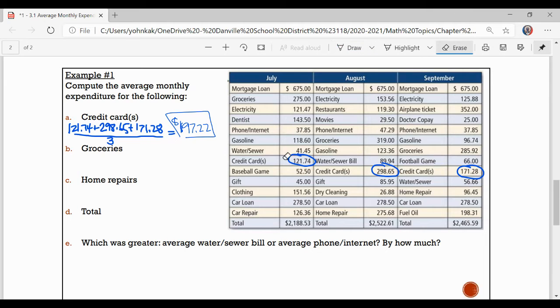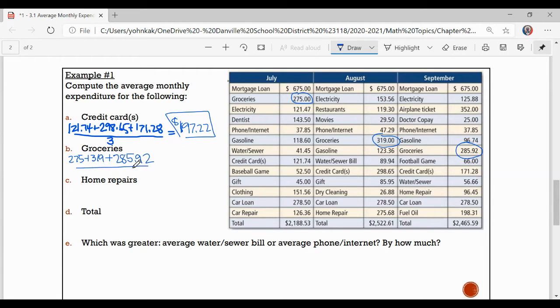All right, let's look at groceries. Let's get rid of these circles. In July, we spent 275. In August, we spent 319. And in September, we spent 285.92. So I need to add up 275 plus 319 plus 285.92.